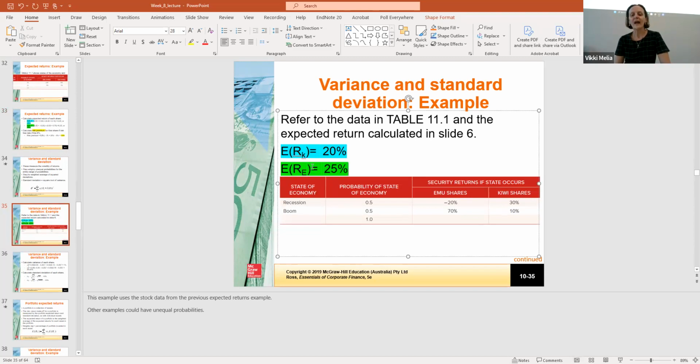So we've already calculated the expected returns for these two assets, Kiwi and Emu. And now we're going to use that formula that we just had a look at. That formula incorporates the probability. And now we need to find the difference between the return and the expected return, square it, and multiply it by the probability.